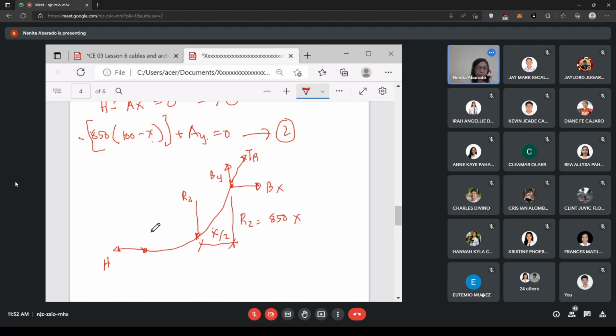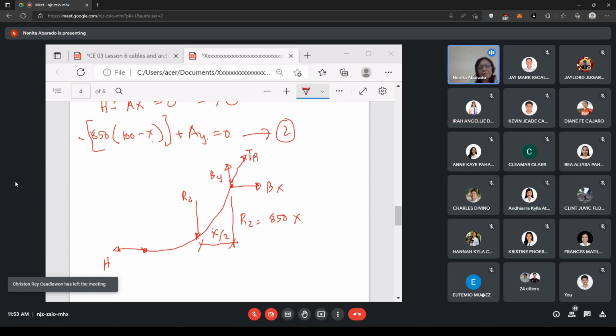Okay, let's proceed. We have BX and BY. R sub 2 is still unknown because of the value of X, as well as the value of H. So we have many unknowns.